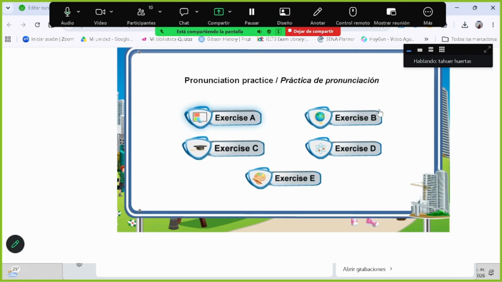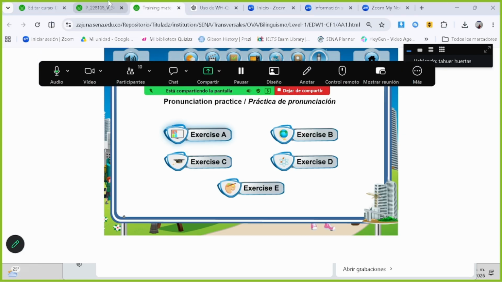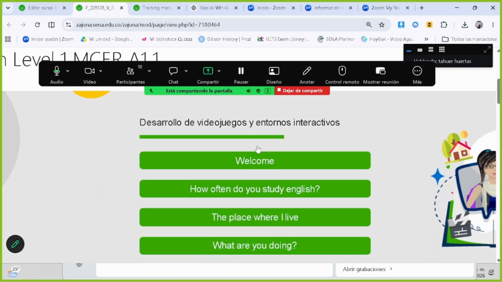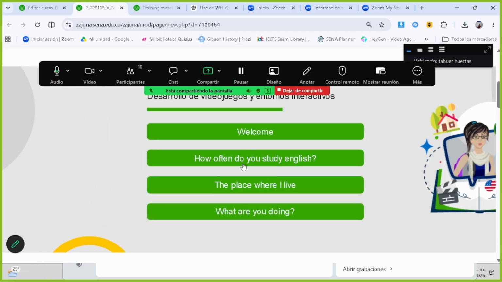Exercise A, exercise B, C, and D. Okay. So you can do these exercises when you have time. All right. So here I just want to show you how you can practice English with these exercises. Remember, these exercises are only for the part welcome. Here we have 3 more sections.